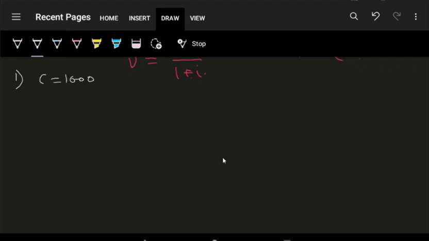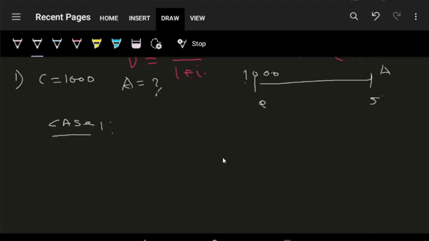This is question number 1. We have to calculate the accumulated amount at time 5. In question 1 there are three cases. Case 1, we are given a simple discount rate of 8% per annum.